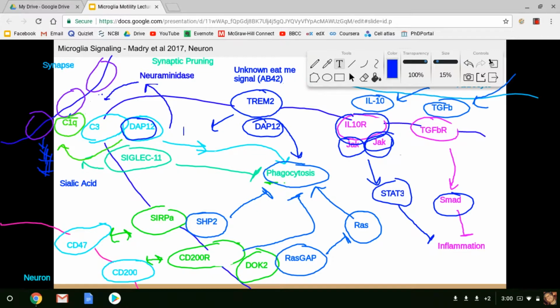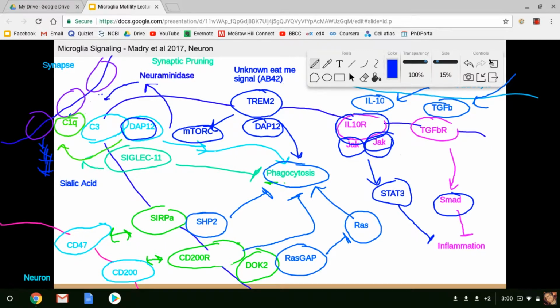TREM2 is known to activate the mTORC signaling pathway, and thus it can help control metabolism. This is a very recent paper that found TREM2 to influence the mTORC pathway, and through the mTORC pathway it can influence metabolism. Metabolism specifically of microglia, which might be very interesting.